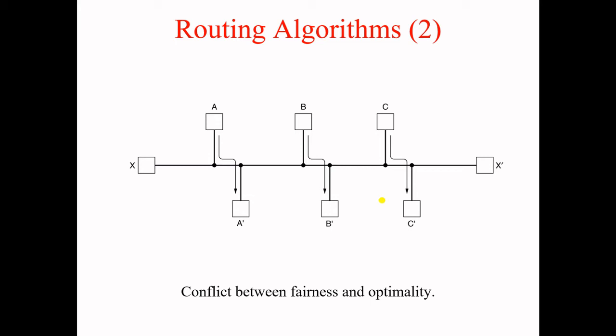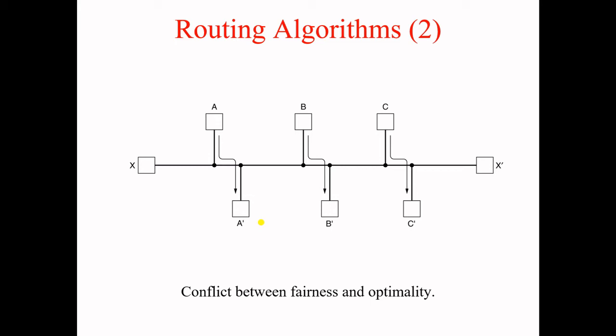As a simple example of this conflict between fairness and optimality, this figure shows, suppose that there is enough traffic between A and A dash. There are some nodes A, B, C, A dash, B dash, C dash, X and X dash. So suppose there is enough traffic between A and A dash, between B and B dash, and also between C and C dash. There is enough traffic to saturate the horizontal links.